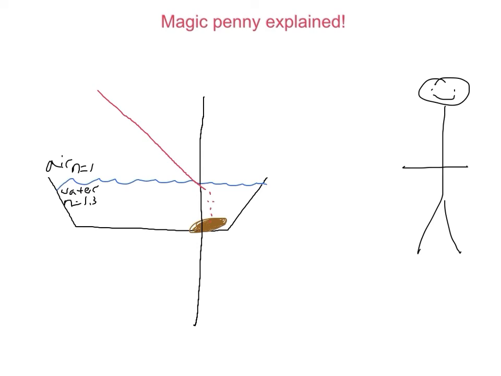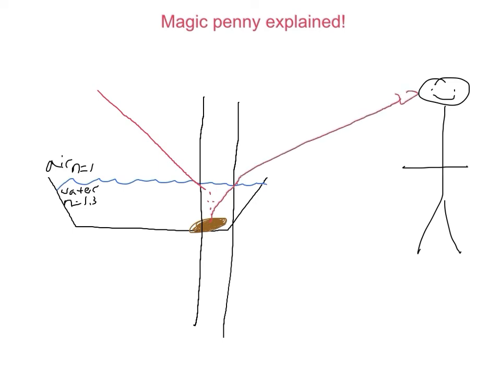And then there's another type of refraction that takes place, and I'll draw another normal line, that happens when the light ray reflects from the penny up here and then refracts again, except away from the normal line this time because it's passing from water to air. So then the refraction looks like that.